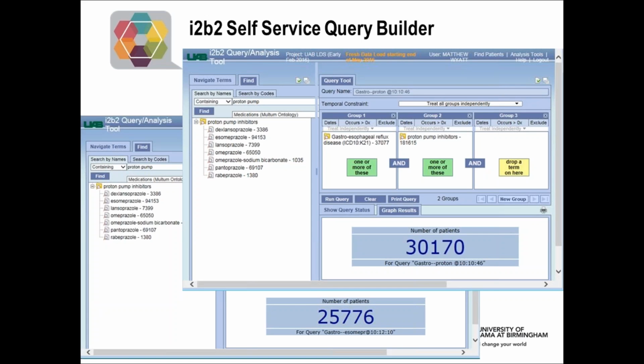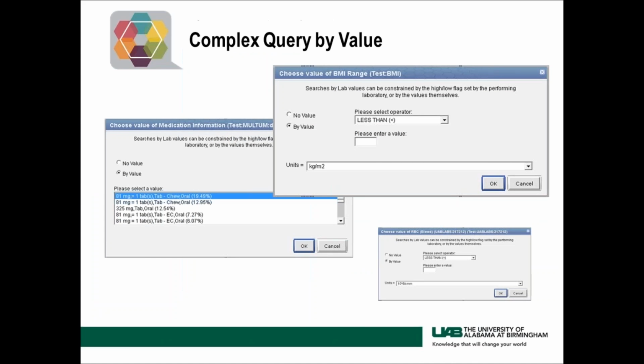You can say having these diagnoses and having this medication administration after. You can express very complicated queries in this user interface, and it is a much simpler user interface than the enterprise data warehouse. Now, it doesn't have all of the data that the data warehouse does, but it allows self-service access to this data in a way that is very, very beneficial to the research community.